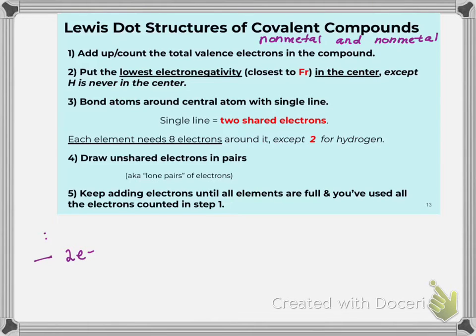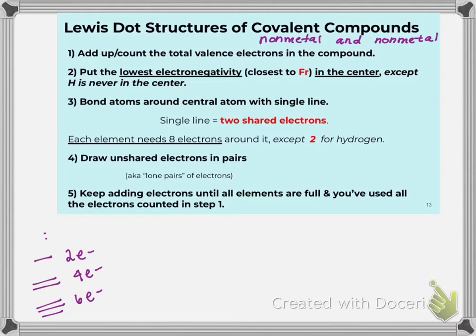You're also going to see double bonds, which represent 4 electrons, and a triple bond, which represents 6 electrons. All of these serve the purpose that these atoms are striving for stability, and they want this octet.